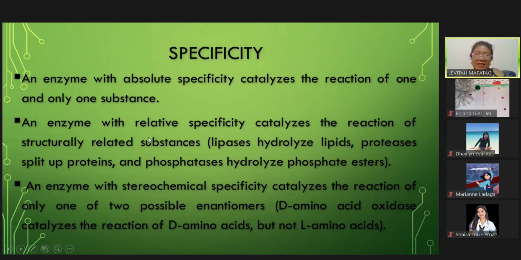There is also relative specificity, where an enzyme only catalyzes certain substances. It differs depending on the substance. For instance, for the hydrolysis of lipids, we have lipases. For the split of protein, we have the proteases. For the hydrolysis of phosphate, we have the phosphatases.